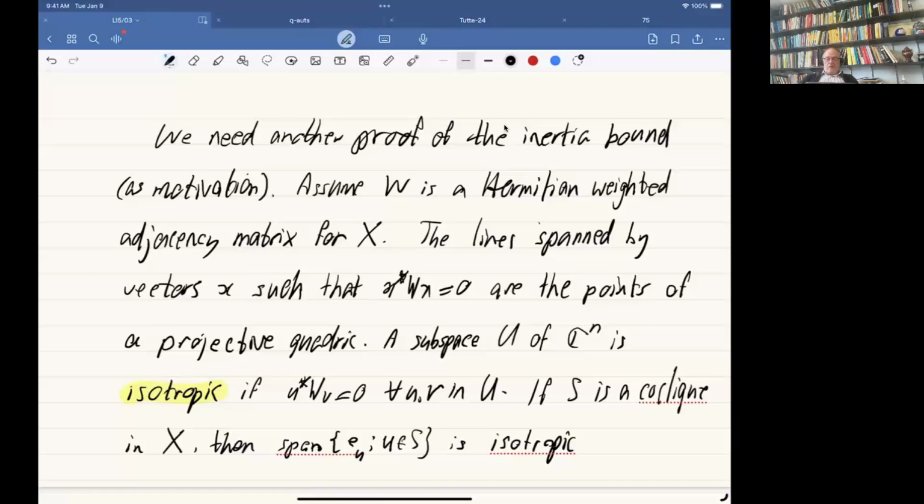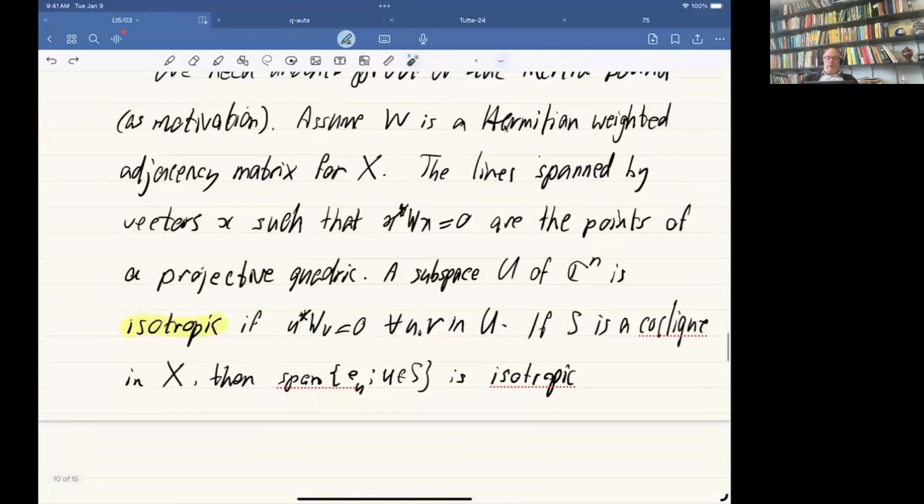So this is sort of how a geometer would look at it. So well, I'm saying this again here. If S is a co-clique, then the span of these vectors is an isotropic subspace.